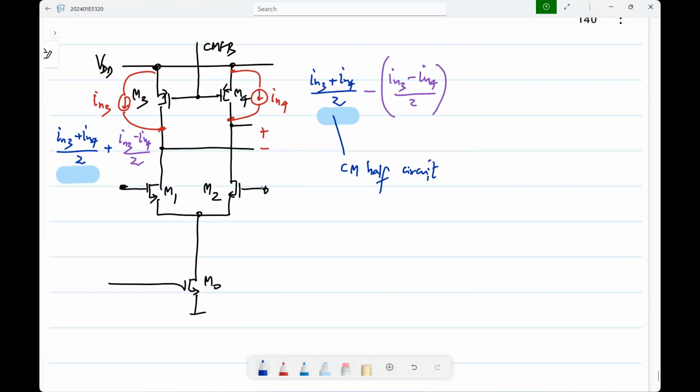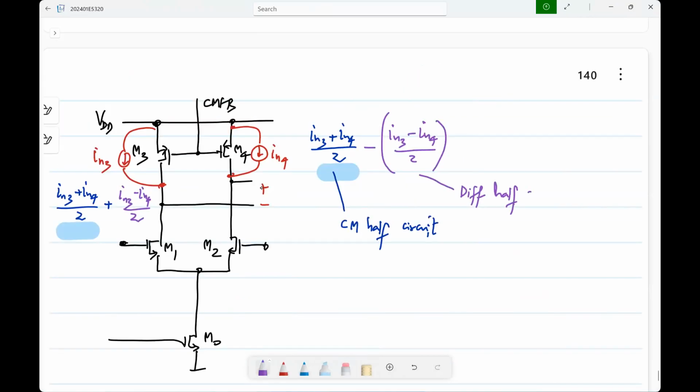Okay. So if you first analyze with this and that, what will be the differential noise component at the output? It will be 0 because this is common mode excitation, and the analysis of this part can be done using the common mode half circuit. Okay, right? And similarly, the analysis of this can be done using the differential half circuit. Okay. So what will you get as a result?